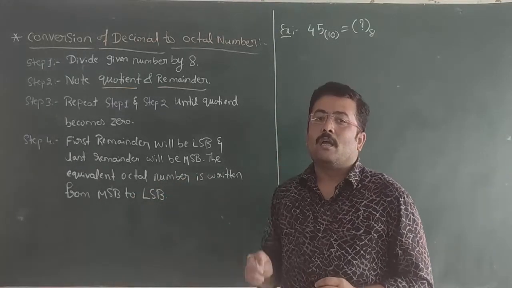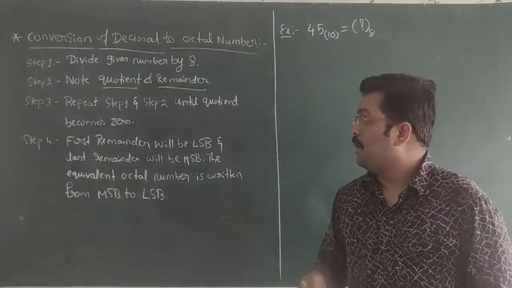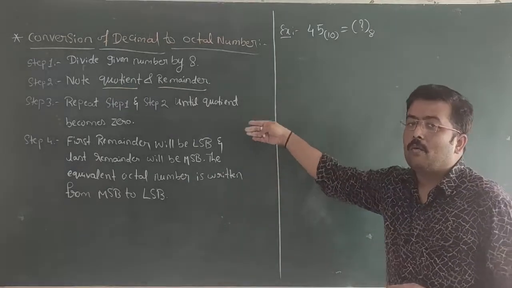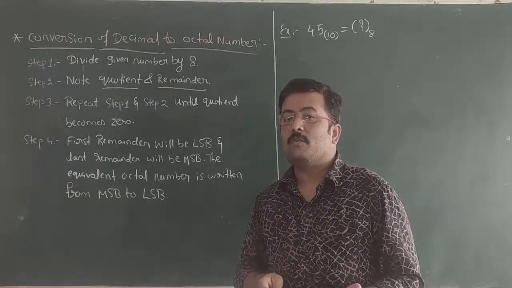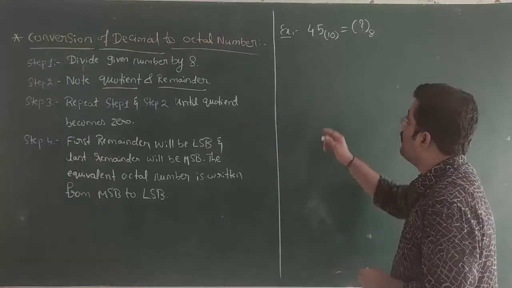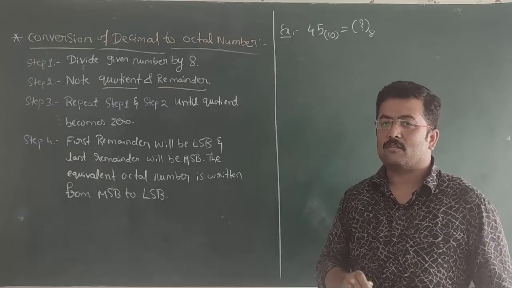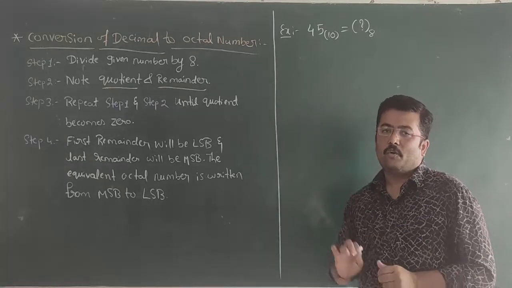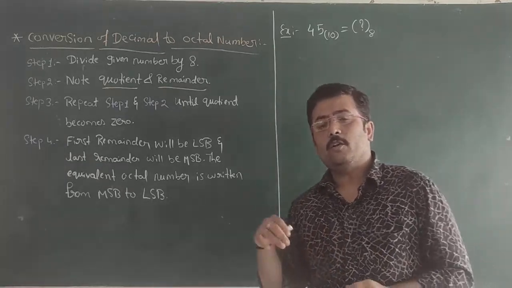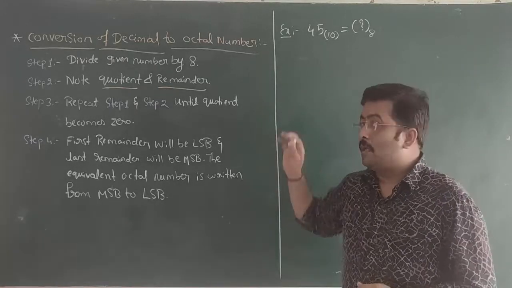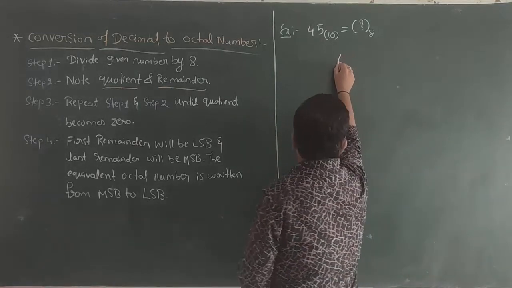So let us move on to an example. Using these steps, we will convert the decimal number system to octal number system. Let us take an example, 45 to the base 10. The given decimal number is 45 and I should convert it into octal number.